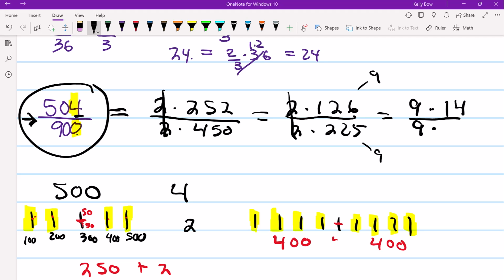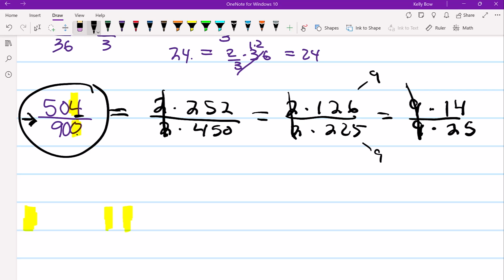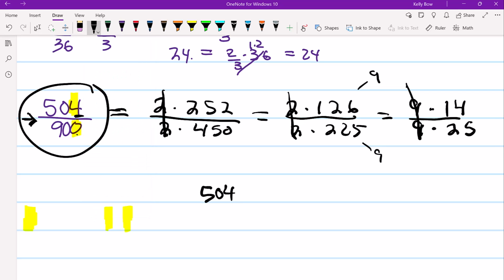And then 225 divided by 9 looks like that is going to be 25. The 9's cancel. What you end up with is 504 900ths is equivalent to 14 25ths.